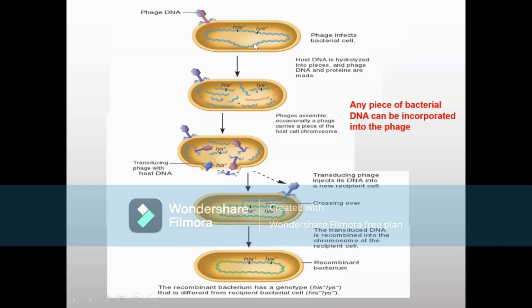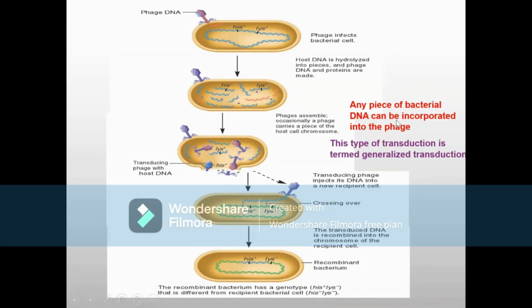This kind of transduction takes place generally, and this type of transduction we call generalized transduction. This means the transduction which takes place by virulent phages. Any piece of the bacterial DNA can be incorporated into the phage head.